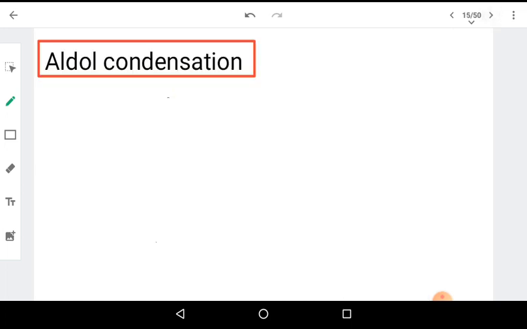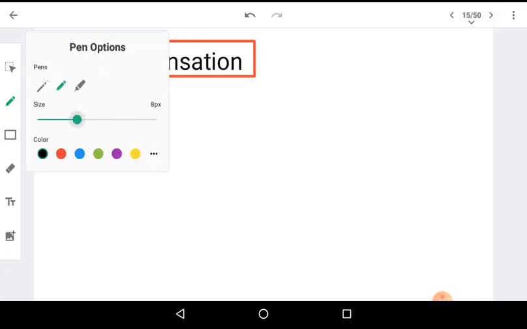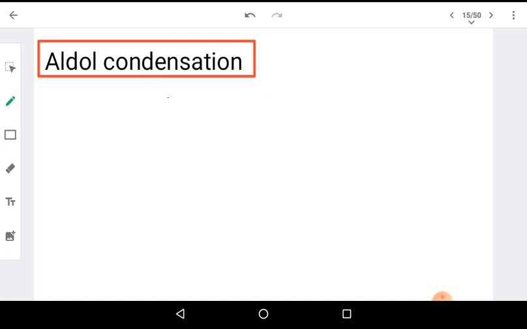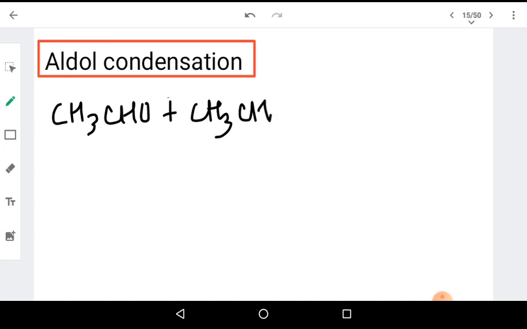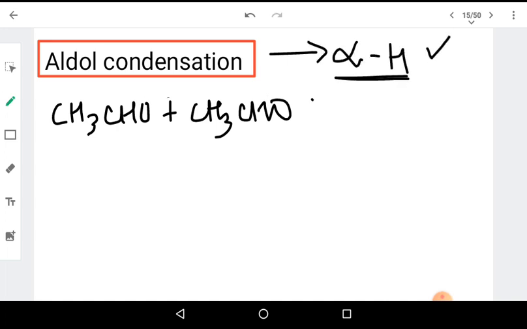Let us now talk about the next very important reaction, that is aldol condensation. I will teach it with the help of a simple trick. If I take a molecule CH3CHO and another molecule of CH3CHO, do I have alpha hydrogen in both? Yes. Always remember, aldol condensation happens in those compounds where alpha hydrogen is present. This is very important.